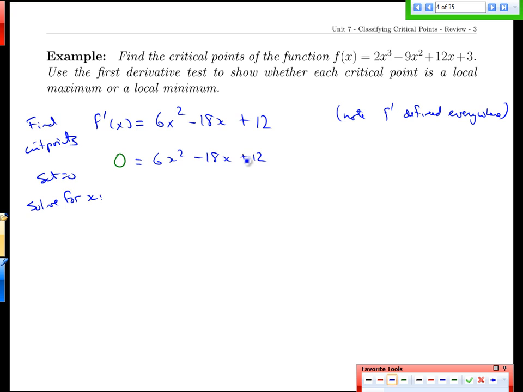When we solve for x here, we notice we can divide through by 6. That gives us some nice factors, x minus 2 and x minus 1. So x equals 2 and 1 are the critical points.